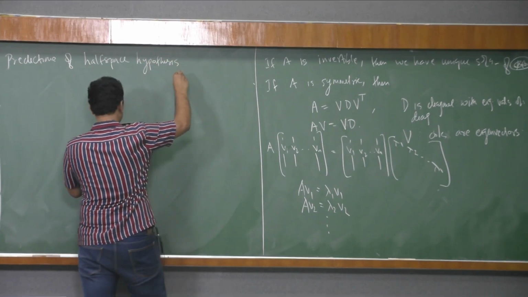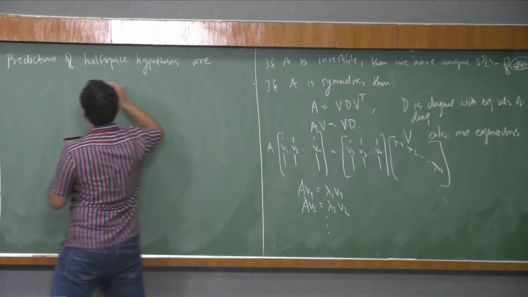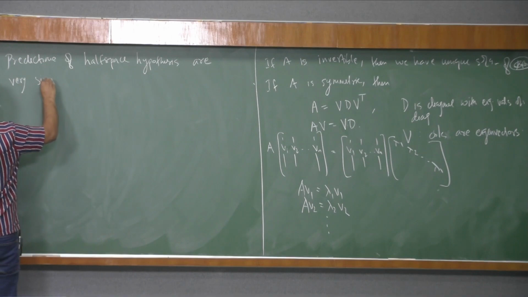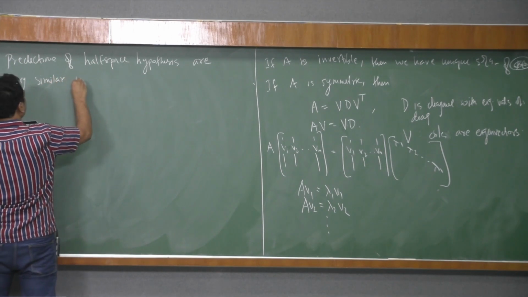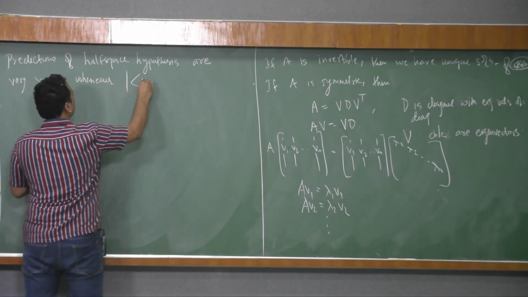is very similar to the sigmoid prediction whenever the mod of wx is large.